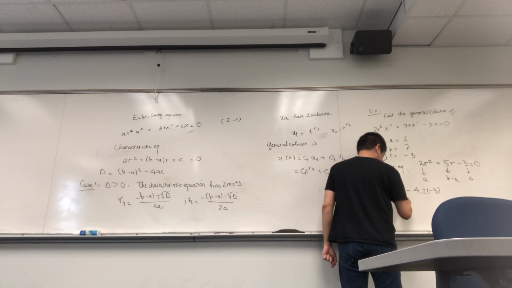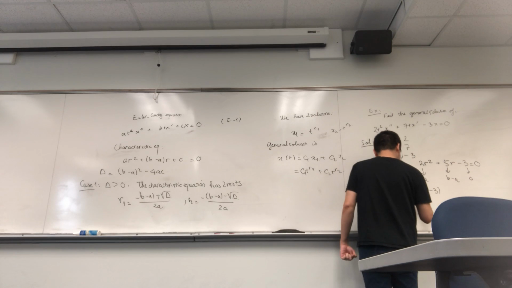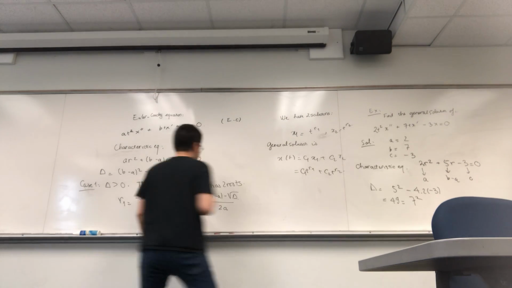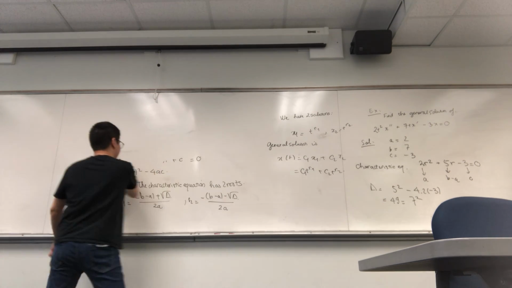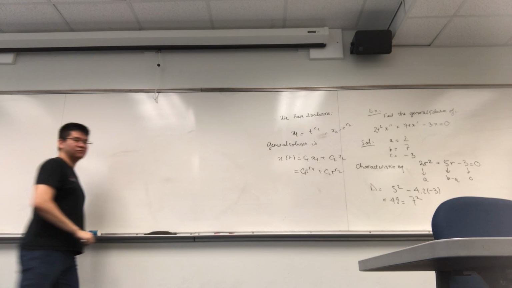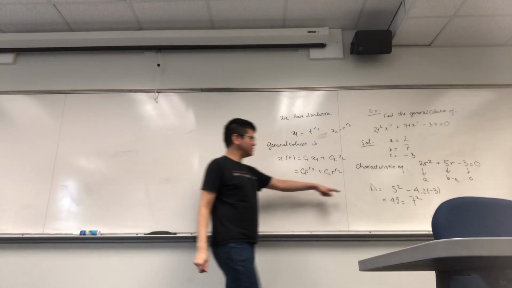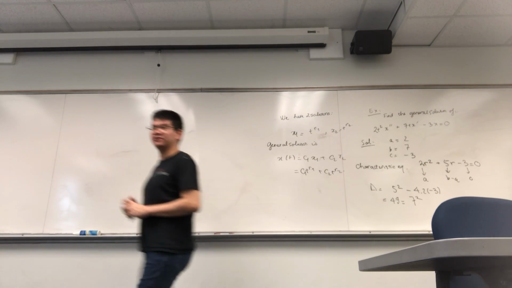This is 49, so the delta is 7 squared. The delta will be 25 minus 4 times 2 times minus 3, and this is 49.